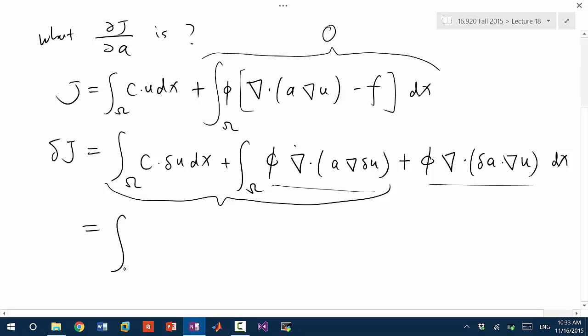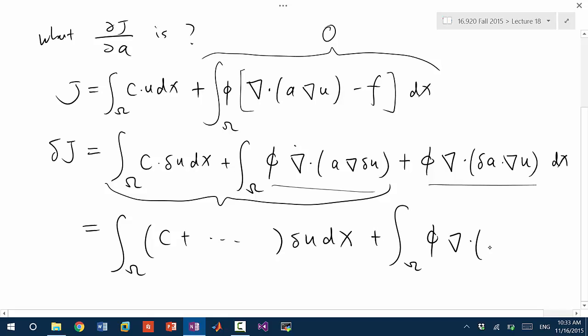What I want is C plus something times delta U dx, and then plus the last term, which has nothing to do with delta U. How can I combine these two terms into a term that looks like this?